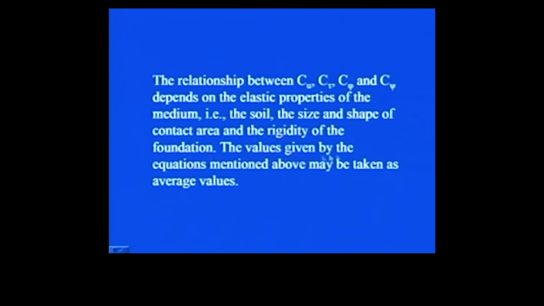The values given by equations mentioned in the previous slide may be taken as average values. Since they are not obtained from some established mathematical method, they are empirical expressions. So that is why when you use these expressions, they just give you the representative or average values.